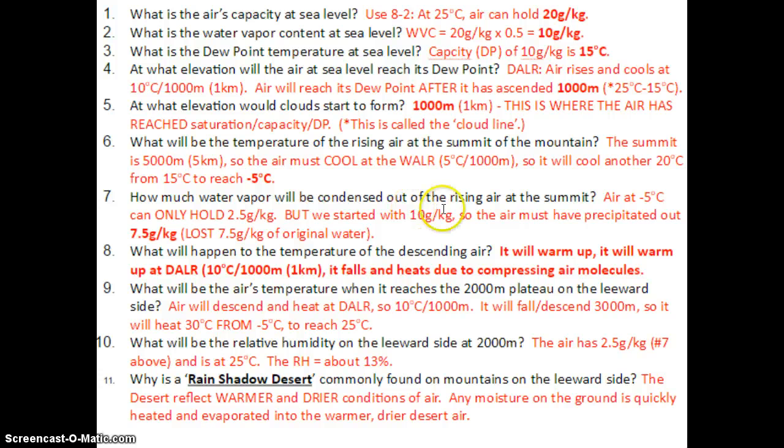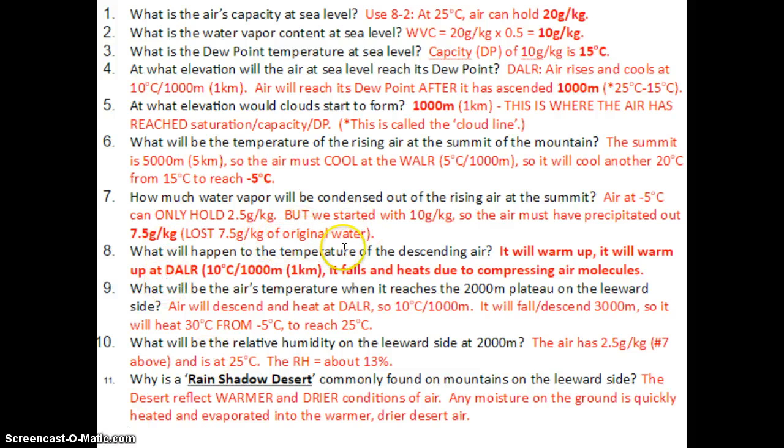But we started with 10 grams per kilogram, that's how much we had in the air, which we solved for in number 2. So the air must have condensed out 7.5 grams per kilogram. So how much water vapor was condensed out? 7.5 grams of the original water.